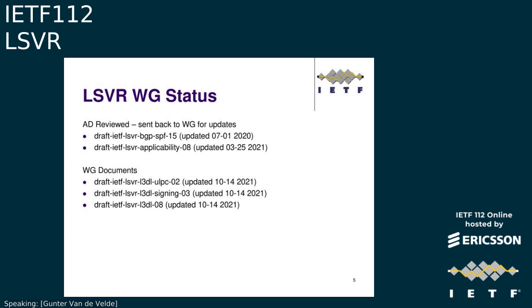We are now at revision 15, and those updates are going to be discussed by Keyur. There was also the other draft, the LSVR applicability, revision 7, which was reviewed by our area director. There was a whole list of review comments that came out of that, on the applicability draft.